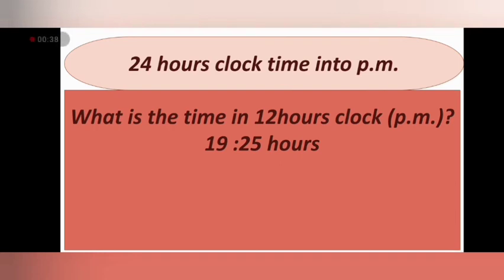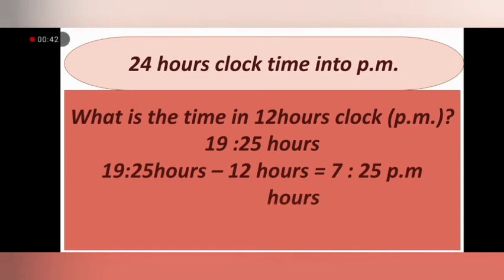So 19:25 minus 12 hours is equal to 7:25 p.m.